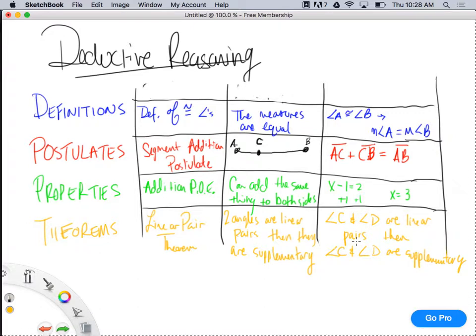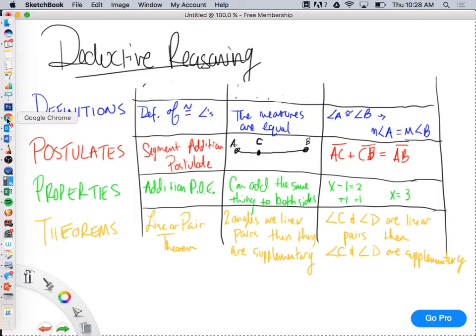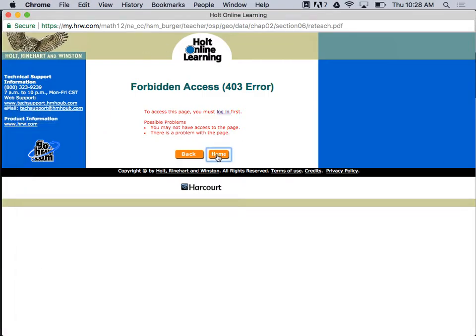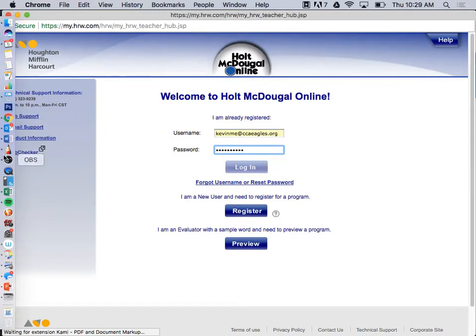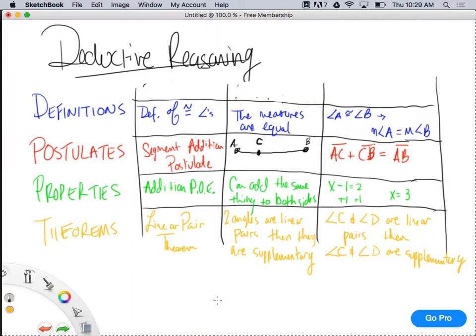This is how I apply a property. This is how I apply a theorem. You can kind of see these different things that we can come up with. But how do I apply these in an actual problem? That's the real question.